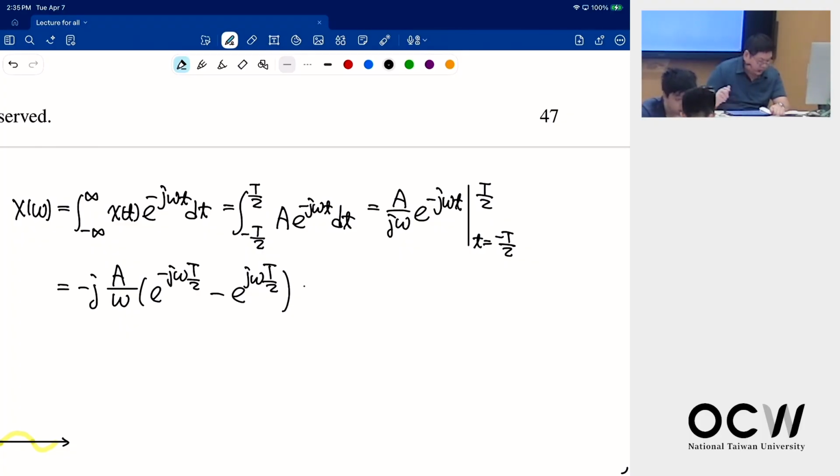And here we have a sine function: minus j A over omega and minus 2j times sine omega T over 2.